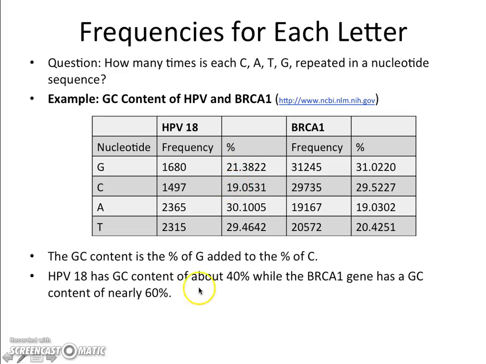So for HPV18, this pairing GC is about 40%, while for BRCA1, the GC content is nearly 60%. That comes out by adding these two numbers.